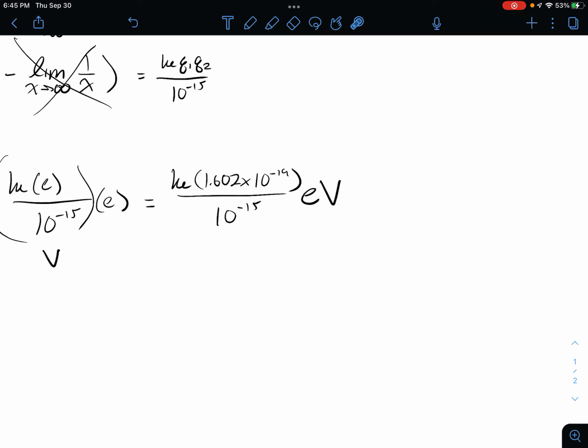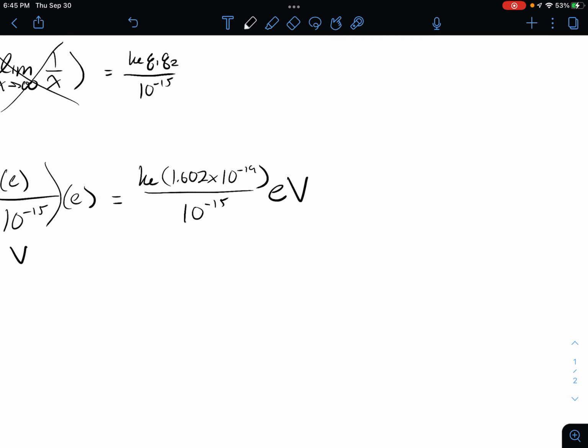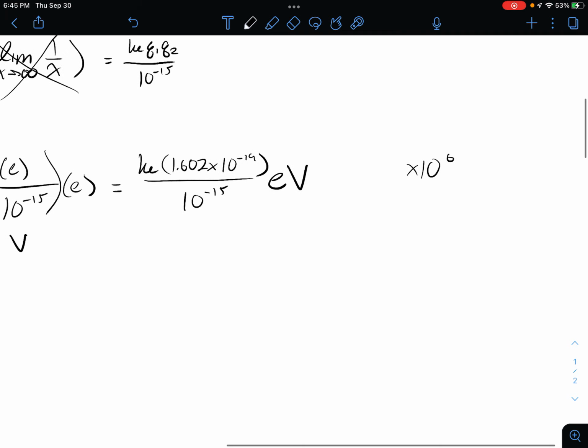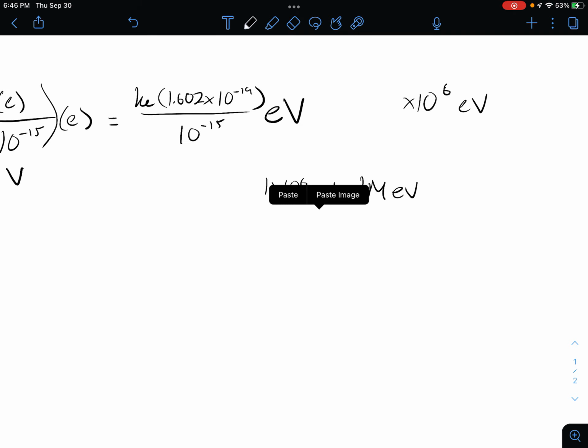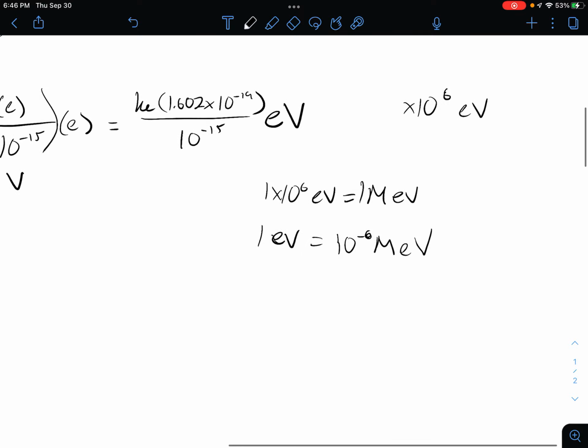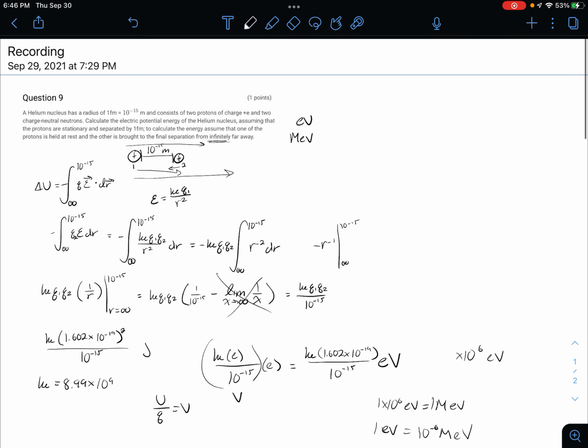Take my word on this for right now, you're going to get some answer that's times 10 to the 6th electron volts, and that's going to give you your mega electron volts, because 1 times 10 to the 6 electron volts is one mega electron volt. Or 1 electron volt is 10 to the negative 6 mega electron volts. Either way, just check your answer that it's in the right units, and you'll be good to go.